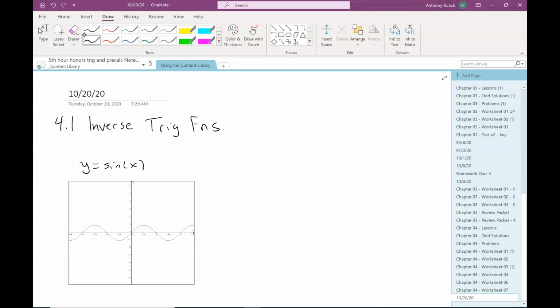So the key part is we swap the x and y variables, and then we rearrange to get the y by itself again, right? So if we just swap the variables, what's going to happen to our graph? We end up getting something that looks like this.